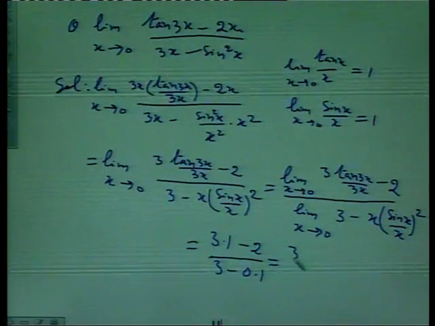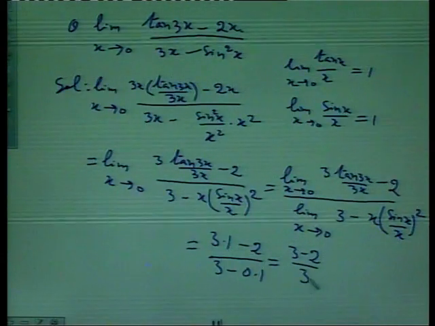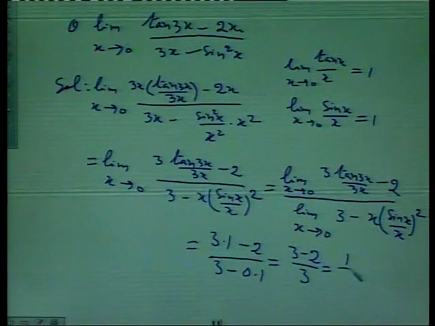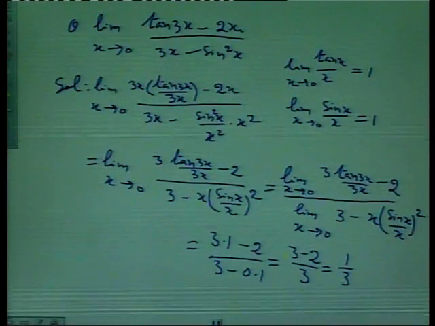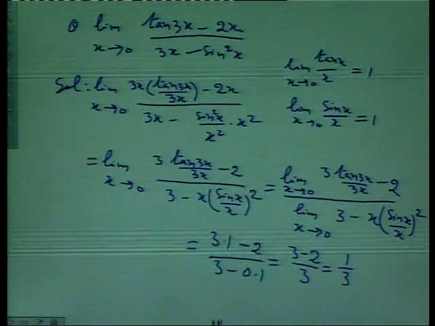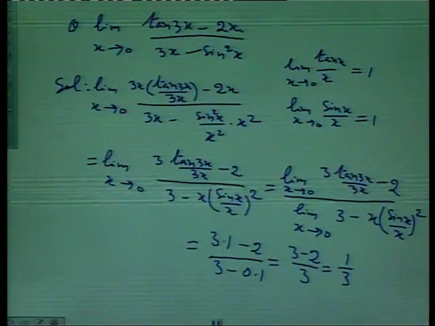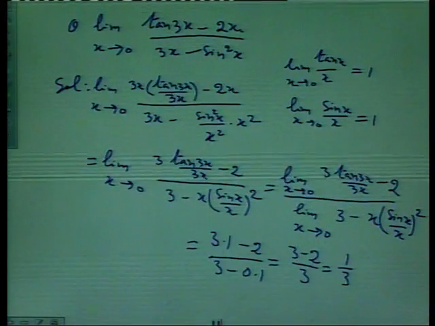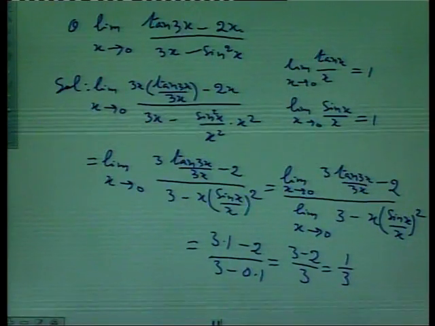So we are left with 3 minus 2 upon 3, which will be equal to 1 upon 3, because sin x upon x is 1, but when x tends to 0, the value of x is 0. So 0 into 1 for the denominator, and for the numerator it is very simple.